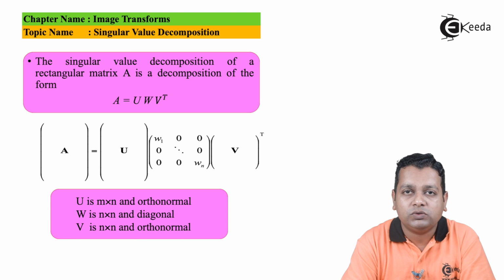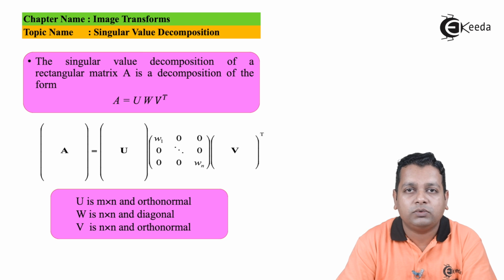Now the question is, what is the significance of decomposing into three parts? The significance is obvious: if the simple task of image compression needs to be done, then you can have storage or transmission of the entire image sample in terms of these particular components.